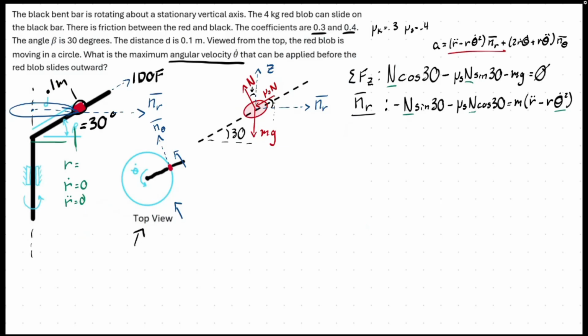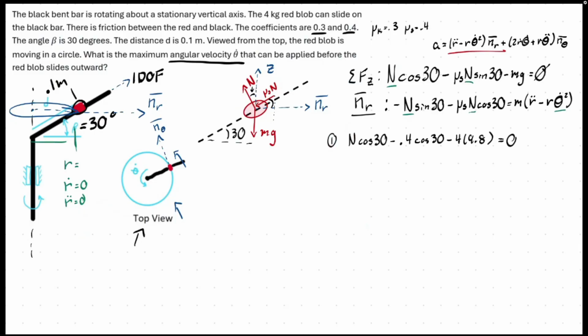Okay, so let me rewrite it, including everything we already know. Our equation 1 is going to be n cosine of 30 minus, and then our mu s is 0.4, times n sine of 30, minus mg, where our mass was given to be 4 kilograms times gravity, 9.8, and that's equal to 0.